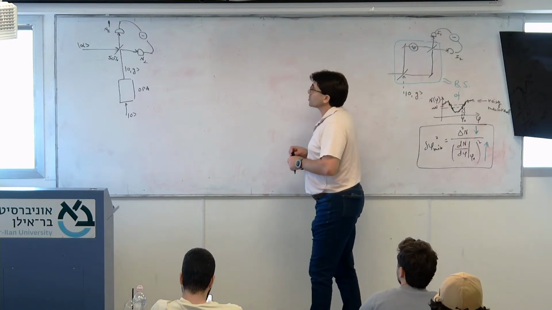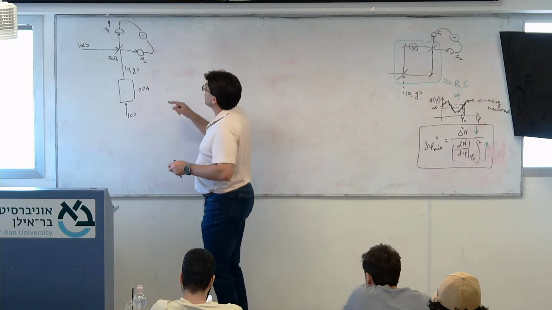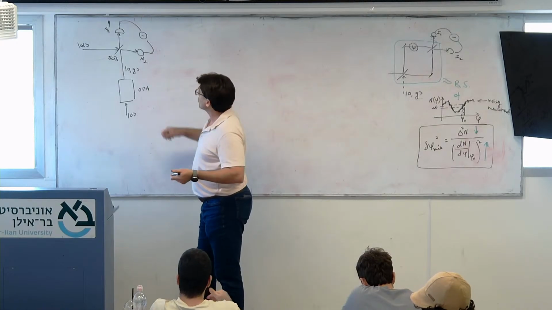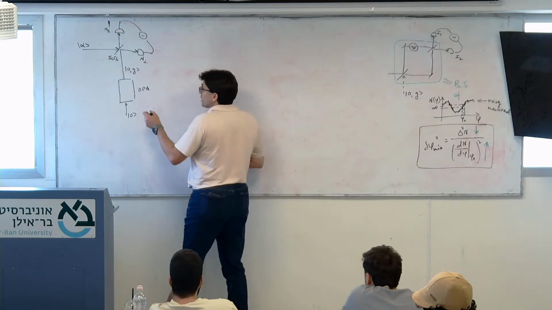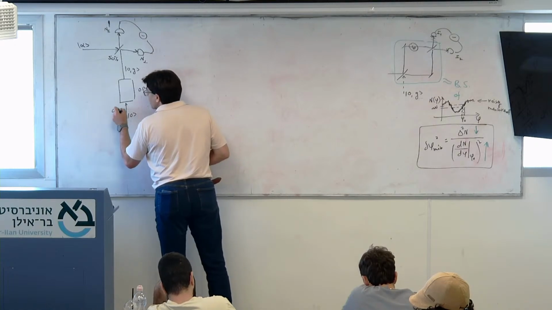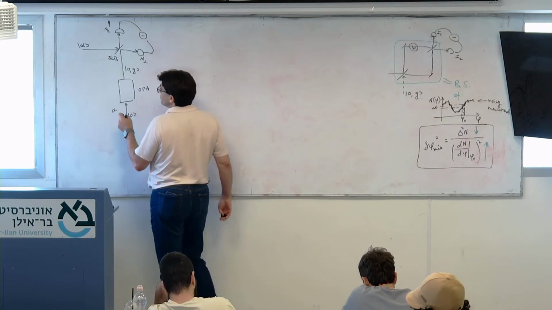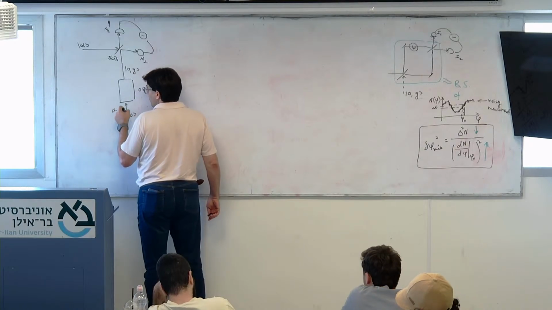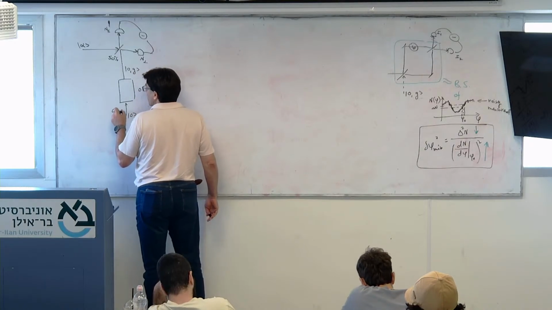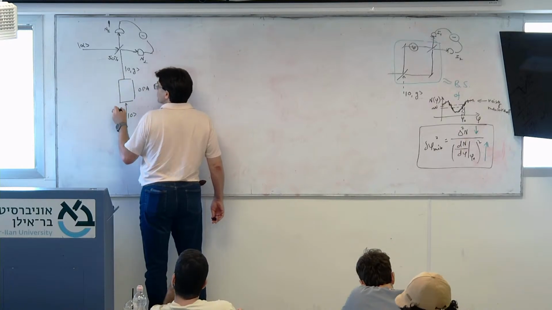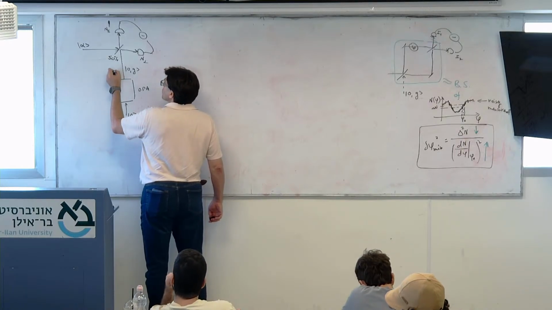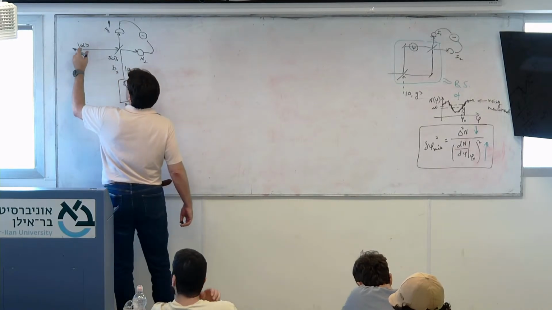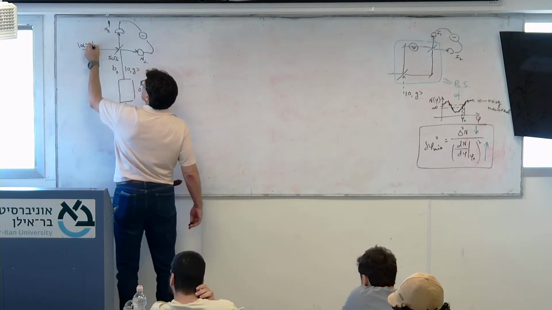I'm not going to think about that. I'm going to say, okay, so here I have an operator. So this would be A1. This would be B1. And then here I'll have an operator that is, say, B2.